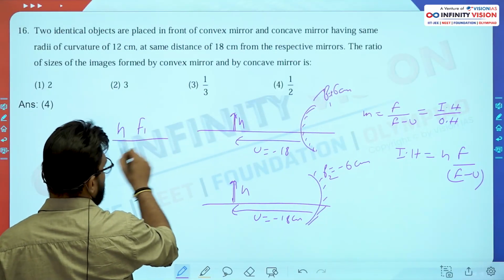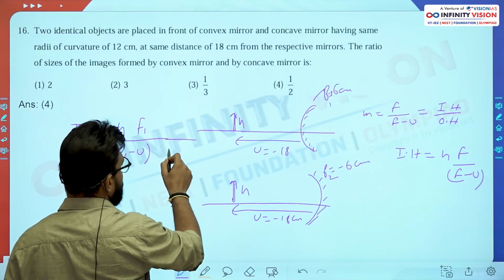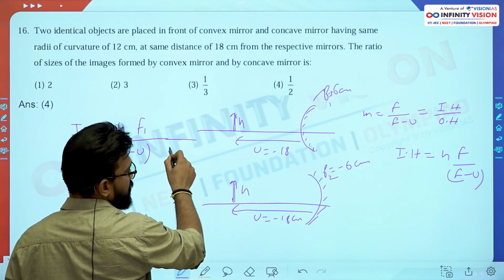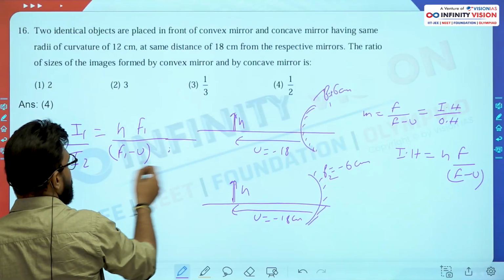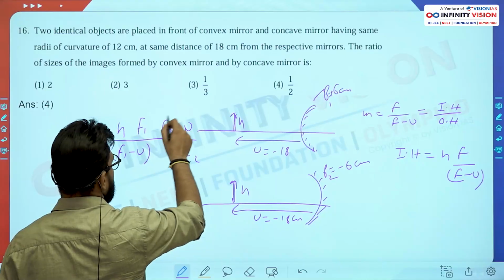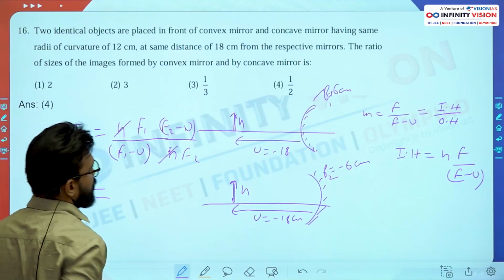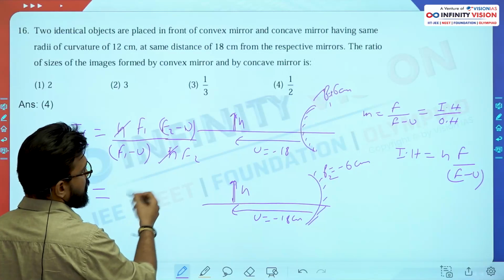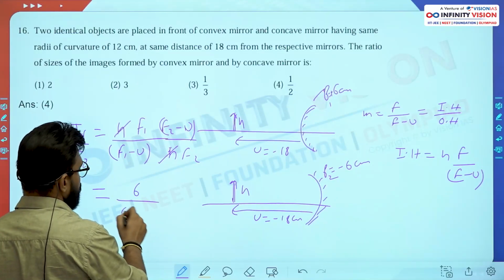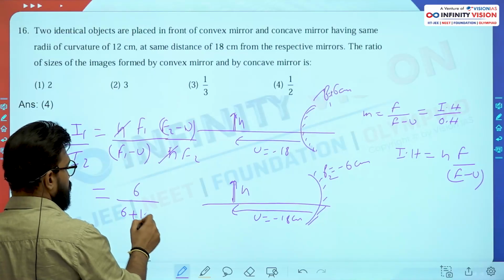So it would be h times f1 by f1 minus u. For the second, I2 would be h times f2 by f2 minus u. The h is going to cancel out. Putting in the value of f1, for convex it is 6 minus of minus 18, minus minus becomes plus, so this would be 18.